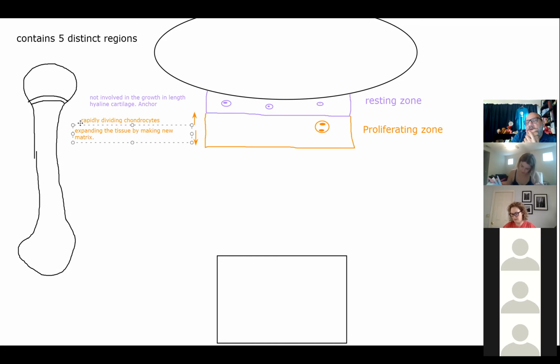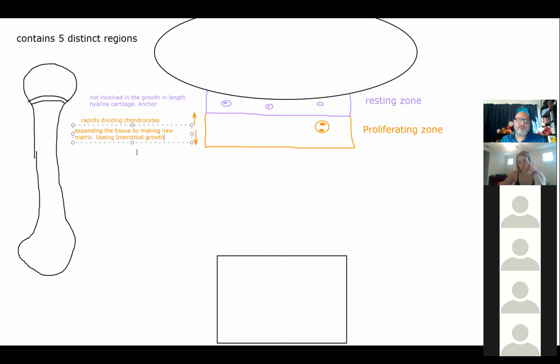Interstitial growth, excellent. This is our interstitial growth. Remember when we talked about interstitial growth, that's how we made the cartilage model to make a bone. But we also said this was going to be how we grew a bone in length. So here we are using our interstitial growth.